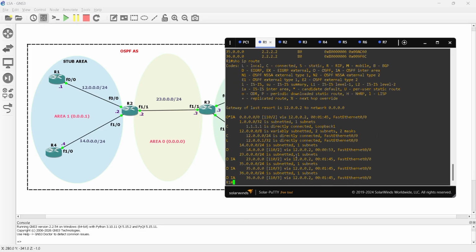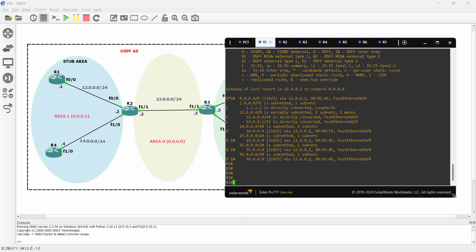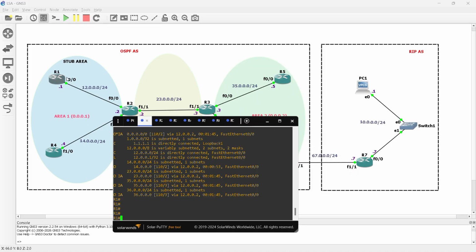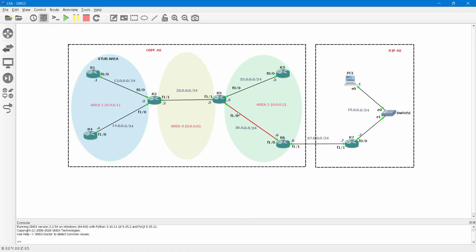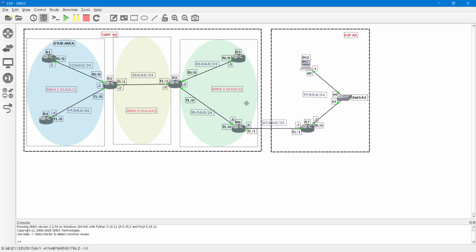we can only see the default route, but we do not have any information about the external networks. For that we have the default route, right? So after this, let us go and ping our PC1. So this is my router 1 and this is my PC1. Let's see the connectivity, if the connectivity is still there.